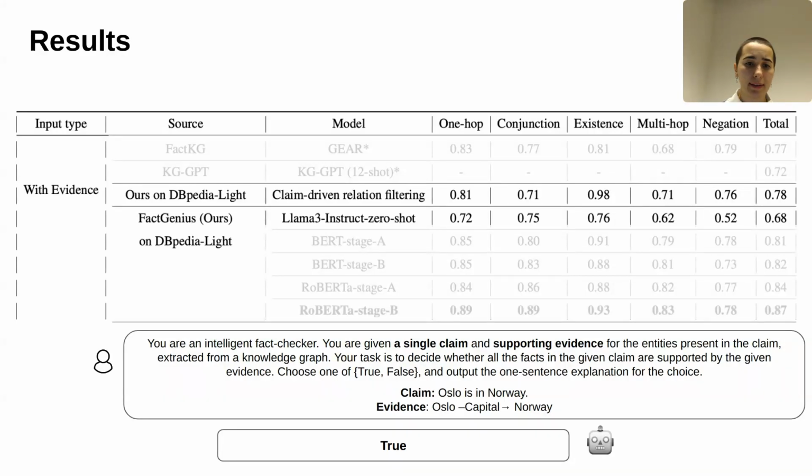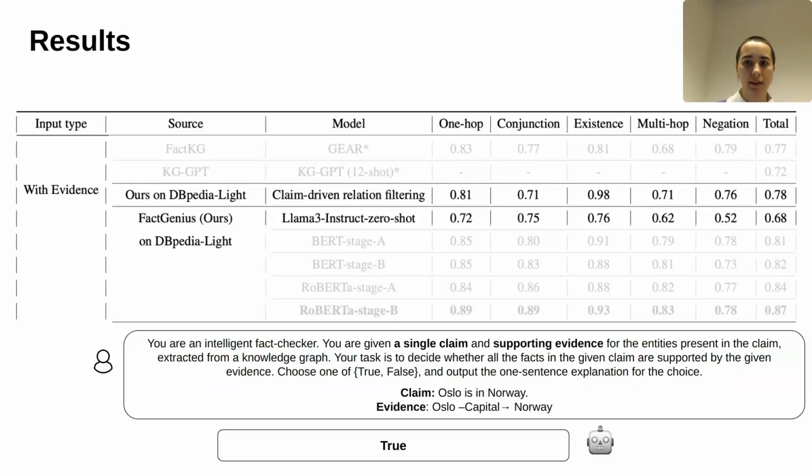We have two baselines that we used. A baseline where we actually don't use LLM-based filtering, but we simply compare the claim with some simple model. And then a baseline where we use LLM filtering.